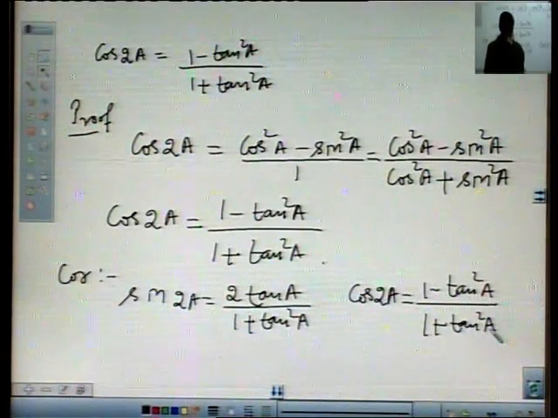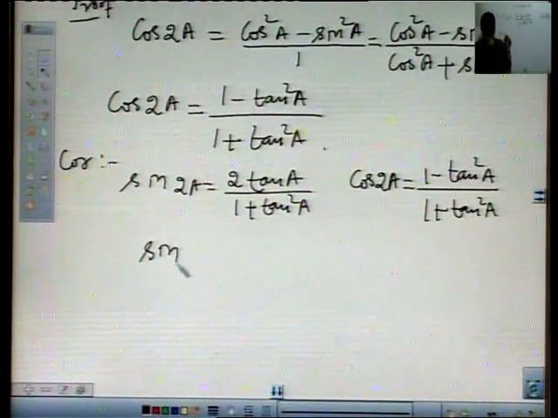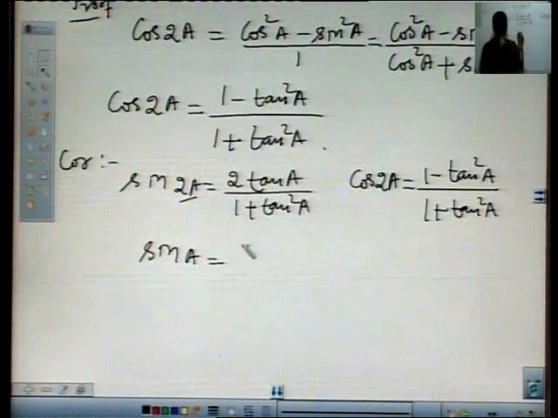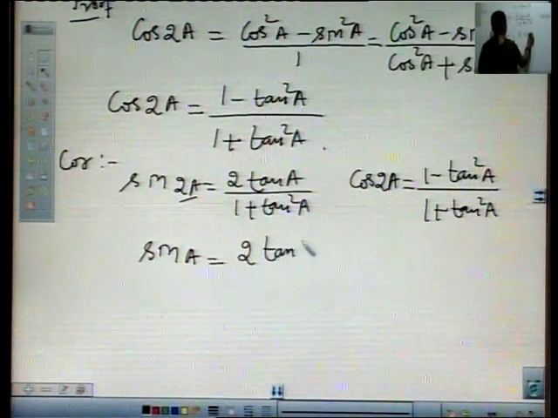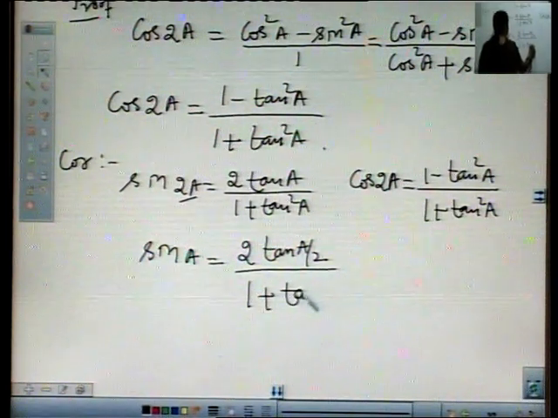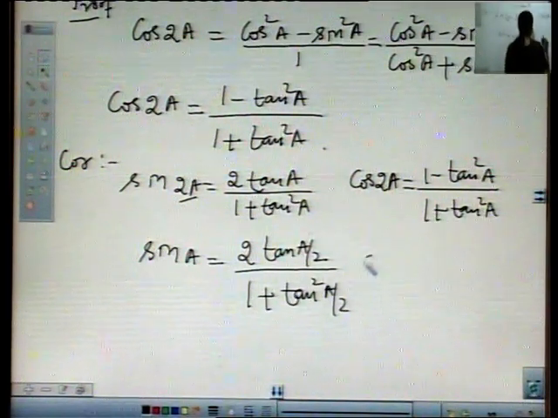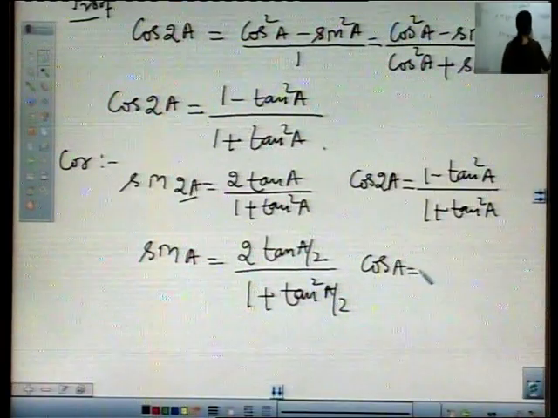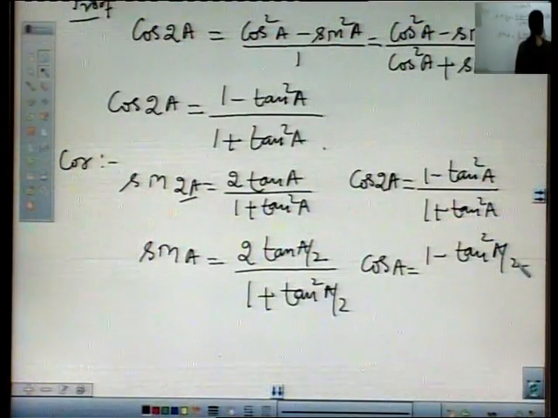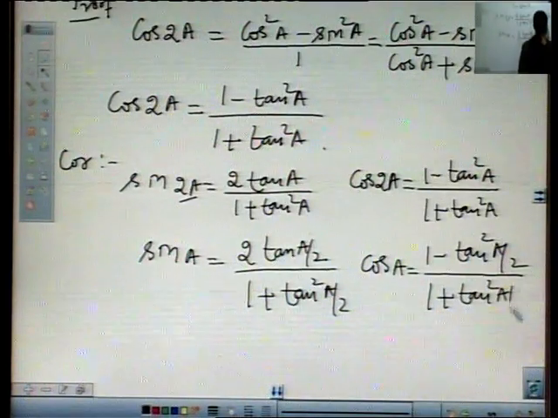These are two formulas, and the corollary is sin a is, if we divide the angle by 2, then we get 2 tan a/2 over 1 plus tan square a/2. Similarly, cos a is 1 minus tan square a/2 over 1 plus tan square a/2.